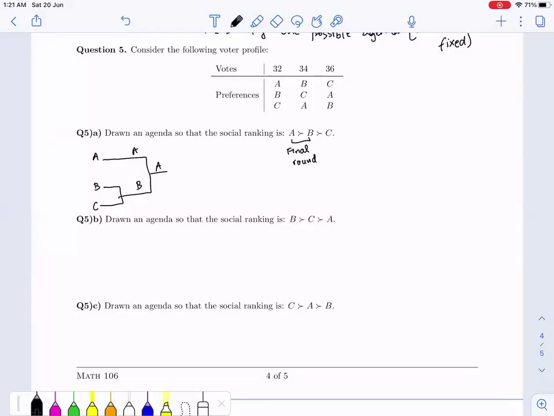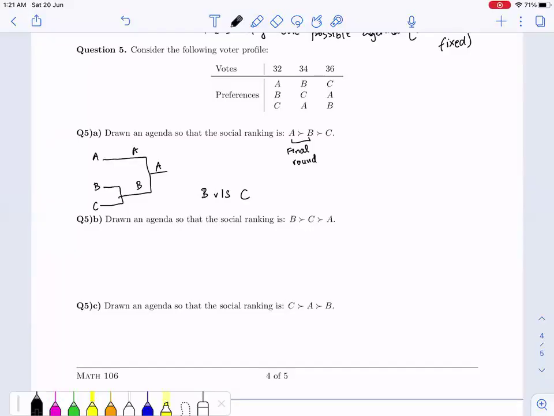Let's see, in a head-on-head match, if B wins over C. Let's see if this is correct. This could also be A versus C, but let's see if B versus C works.